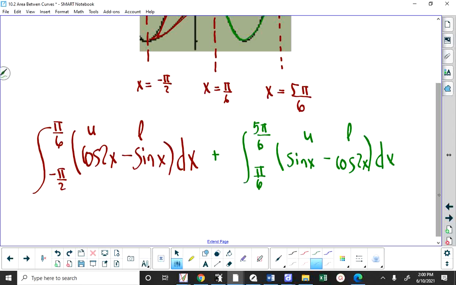So imagine what would happen if you didn't subtract the integrands first. You would have, for the stuff written in brown, the integral from negative pi over 2 to pi over 6 of cos 2x dx minus the integral from negative pi over 2 to pi over 6 of sine x dx minus, in brackets, the same kind of mess over there.